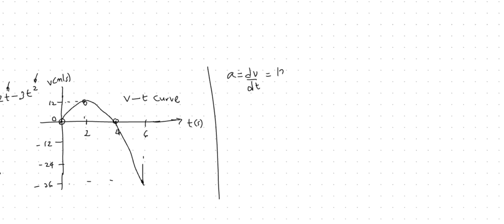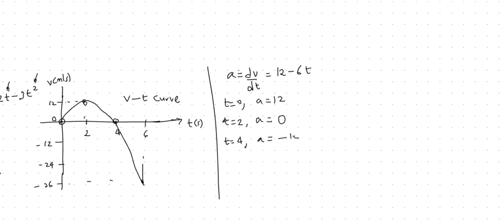Again, when you pick the interval, at t equals 0, a equals 12. At t equals 2, when you put 2 here, a will be 0. At t equals 4, a will be, of course, 6 times 4, that's 24, minus 12, so minus 12.